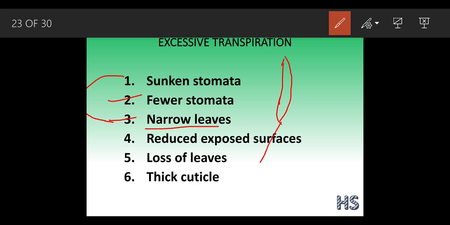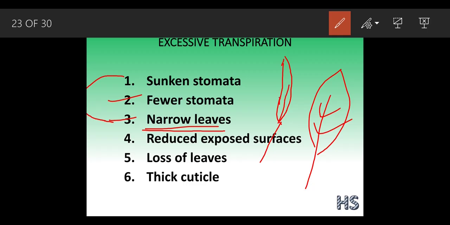See, the narrower the size of the leaf, the lesser the transpiration. The broader the size of the leaf, the more transpiration is going to occur. This is quite narrow, so less transpiration is going to occur. If the size of the leaf is bigger, more transpiration is going to occur.